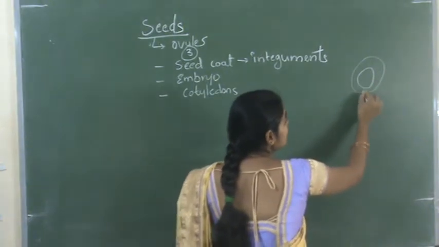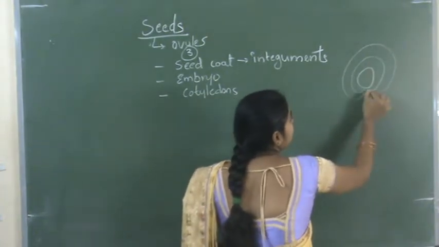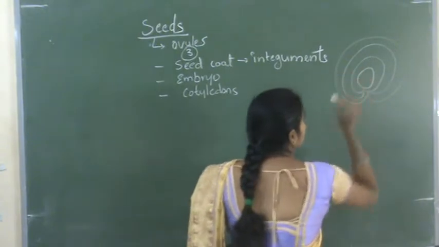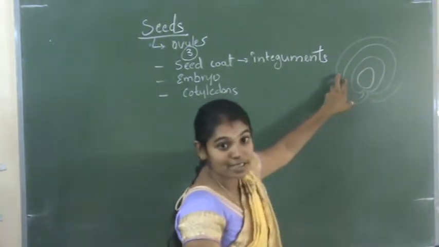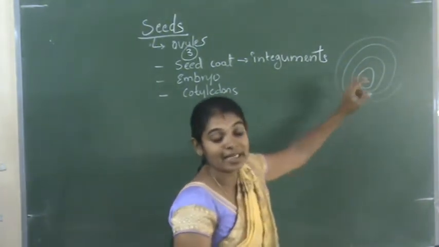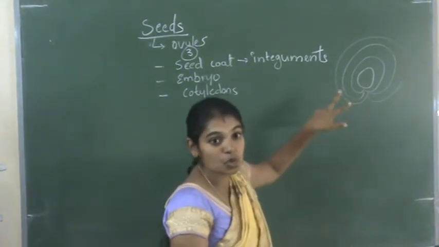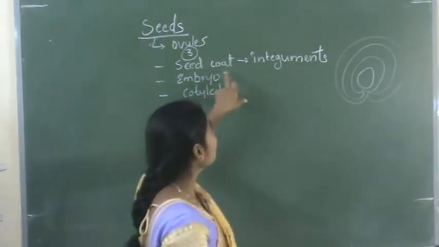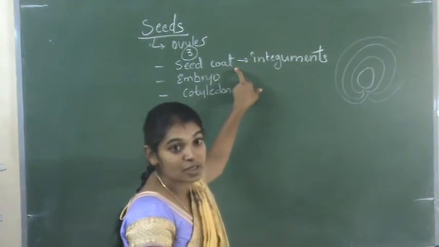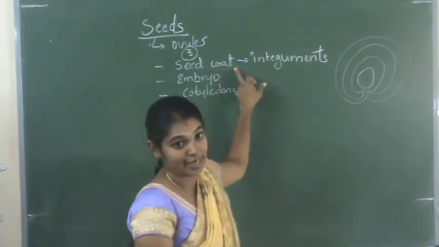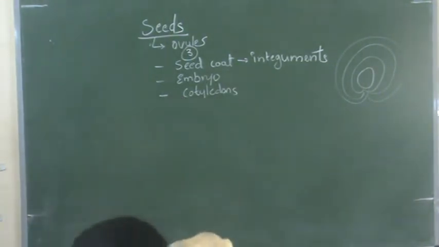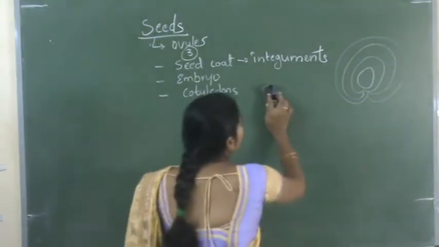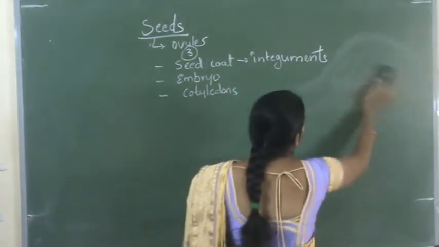The nucellus is covered by the integuments. There are two integuments, the outer integument and the inner integument. From these two integuments, the seed coats are developed. So the seed coat has two layers: the outer seed coat and the inner seed coat.